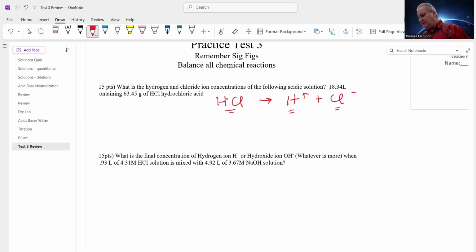So what's the molar mass for hydrogen chloride, or hydrochloric acid? Okay, we have an H and a Cl.